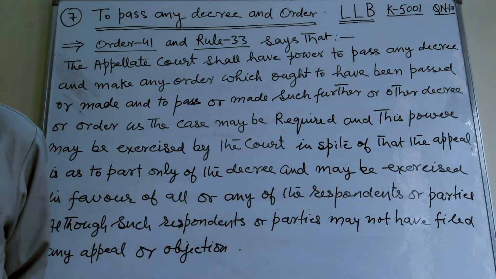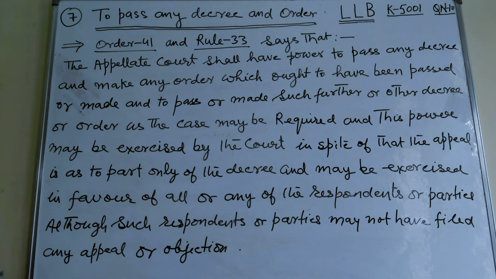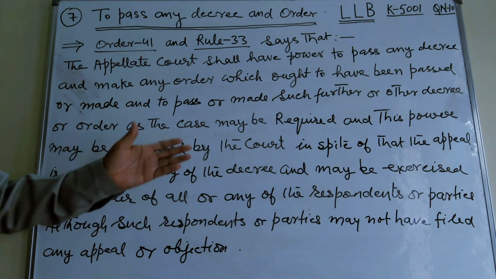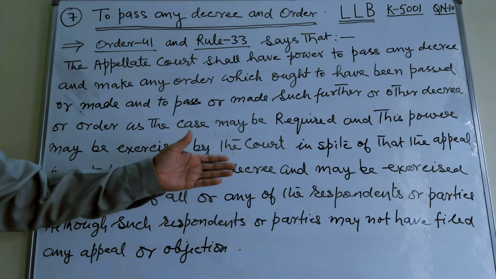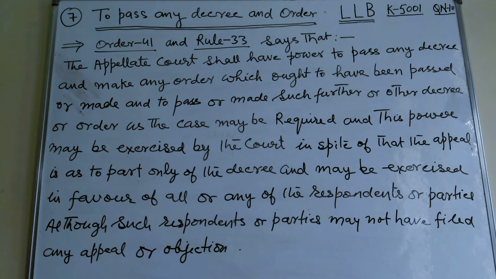My dear friends, this is the seventh power of the appellate court. Under this power, an appellate court can take any action which is given in this seventh description.